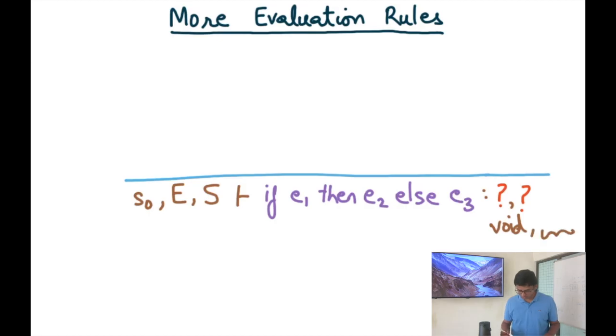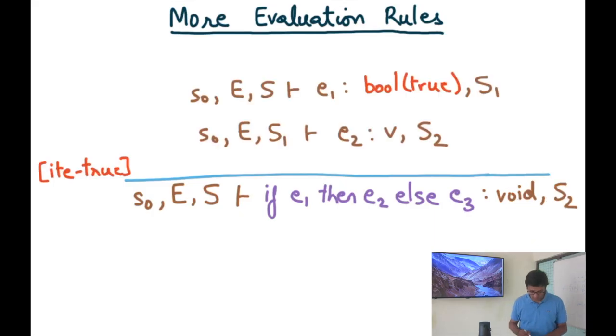To understand what side effects should be visible at the end of the evaluation, we first evaluate E1, and maybe the evaluation of E1 is going to have its own side effects, and then under the new context, which includes the side effects induced by E1, evaluate either E2 or E3 depending on whether E1 evaluated to true or false respectively. That's what our rules are going to reflect.